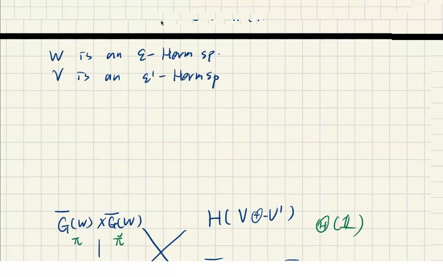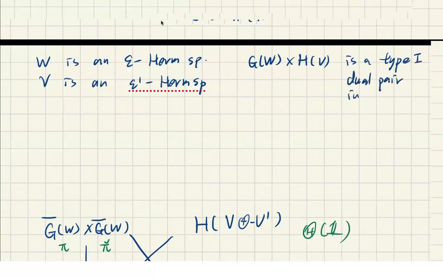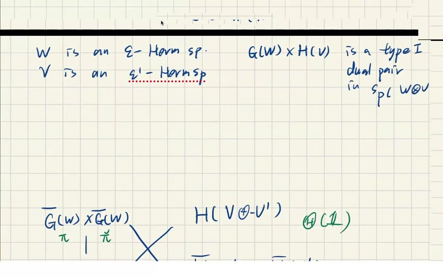So for the type 1 dual pair, G W cross H V is a type 1 dual pair in Sp of W tensor V. Okay, but now we are not considering this dual pair, but we're considering a larger one.